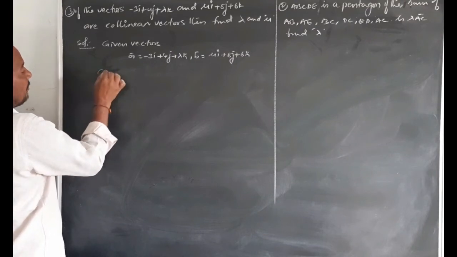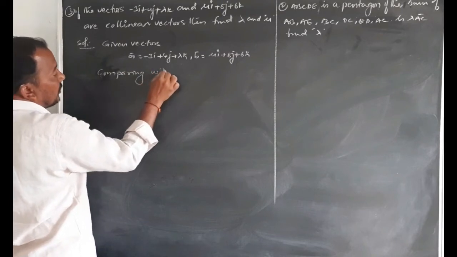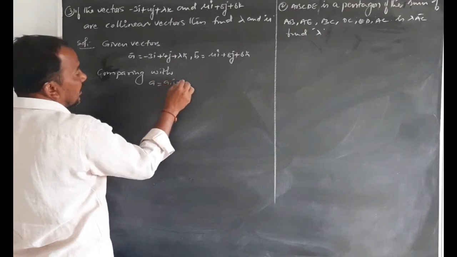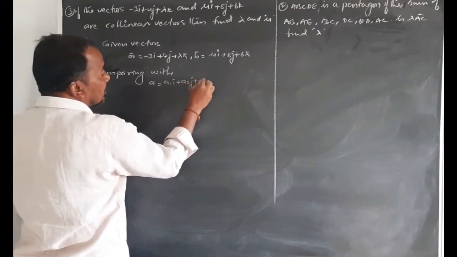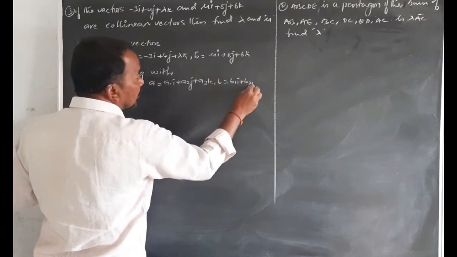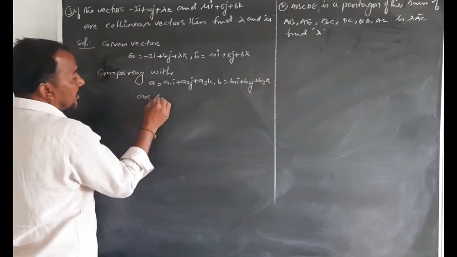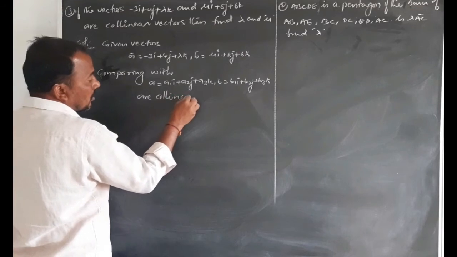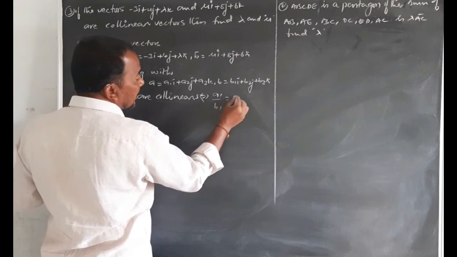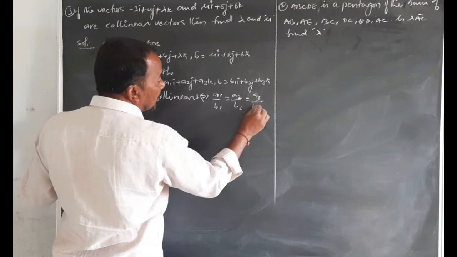Here, comparing with A equals A1 i plus A2 j plus A3 k, B equals B1 i plus B2 j plus B3 k, they are collinear if and only if A1 by B1 equals A2 by B2 equals A3 by B3.